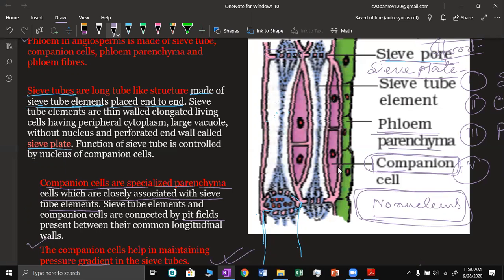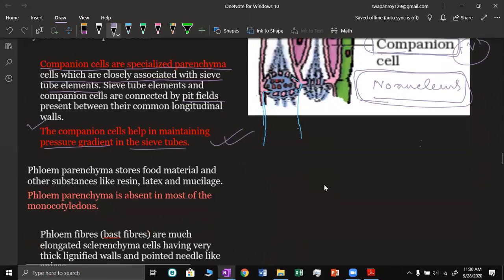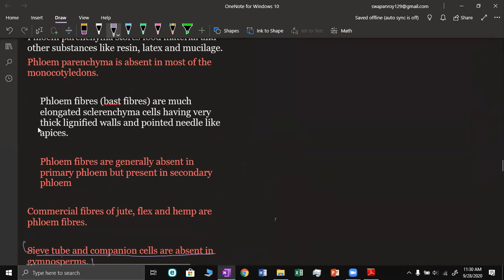Along with this, an important structure is the phloem fiber. Phloem fiber is also known as bast fiber. Phloem has another name, that is bast. These are much elongated sclerenchyma, like xylem fiber in xylem.